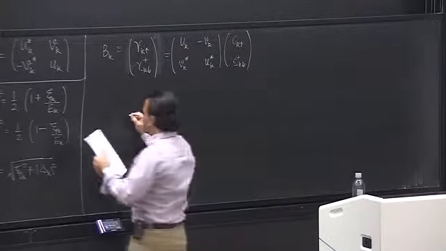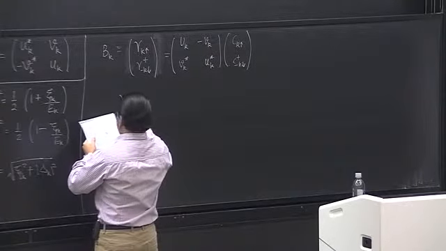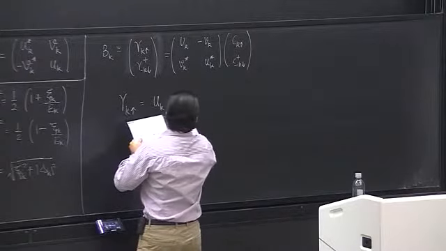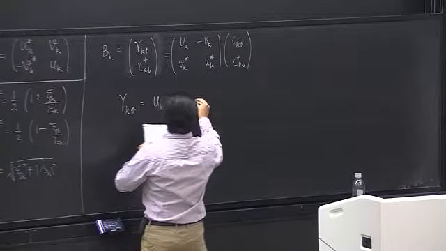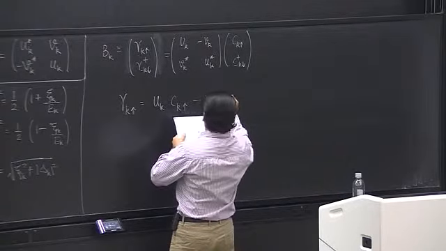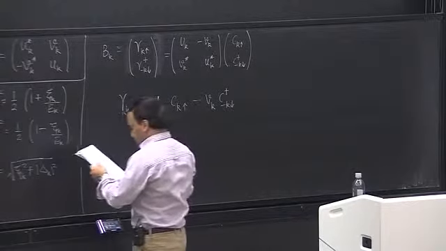So what that really means is gamma K up is UK CK up minus VK C minus K down dagger.